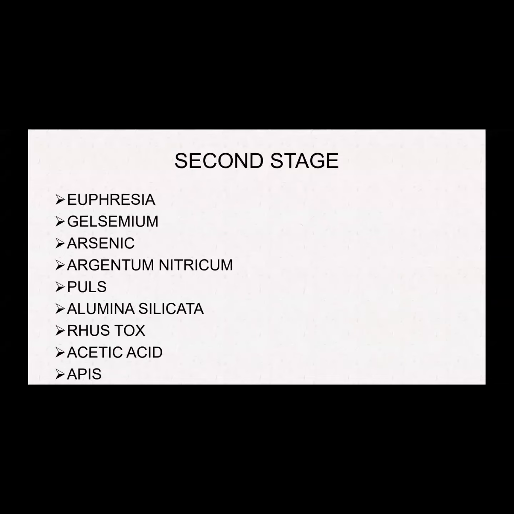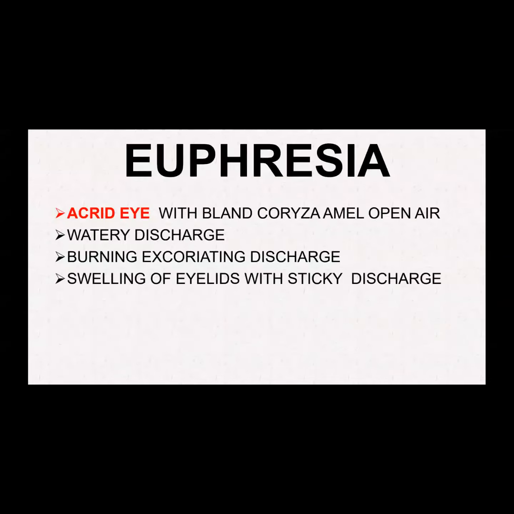In the second stage, the most used medicine is euphrasia. Obviously, everybody knows the discharge of euphrasia is acrid. Just the opposite, a bland discharge is seen basically in allium cepa and pulsatilla.